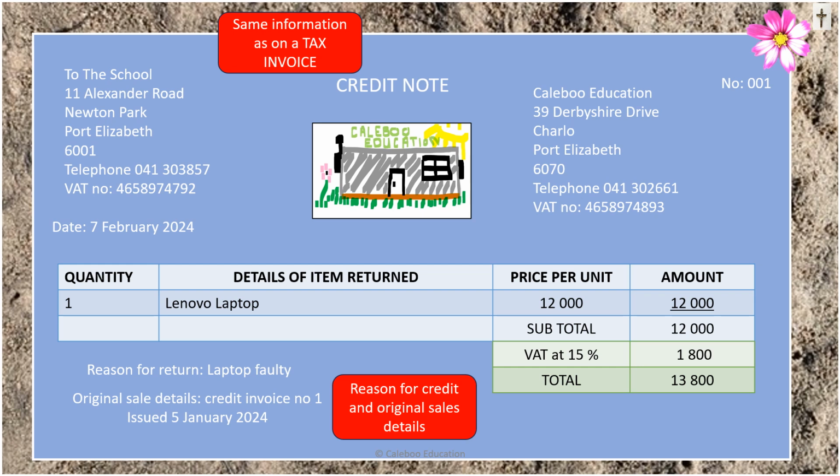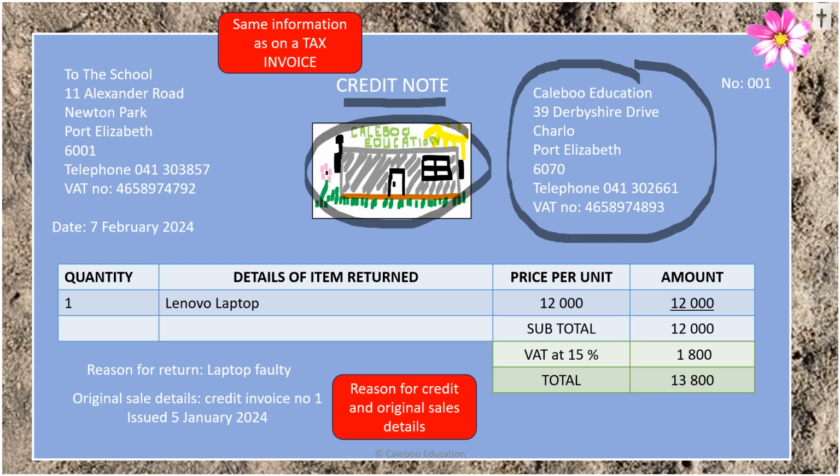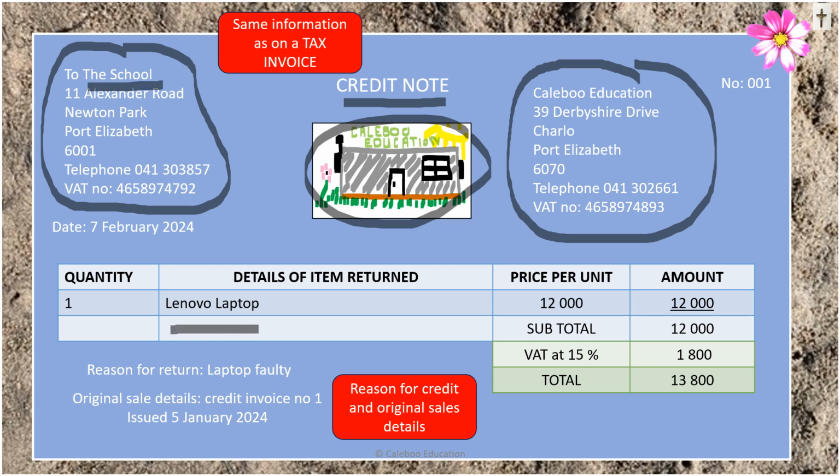In front of you, you have the credit note. Calibre Education has issued a credit note to one of their customers, or their only customer at the moment, the school, because the school returned a laptop that they weren't happy with. The laptop was faulty.